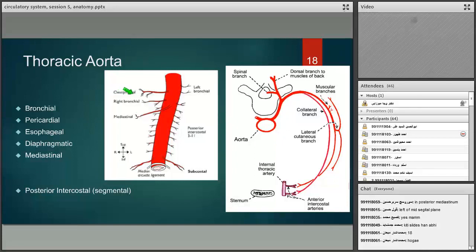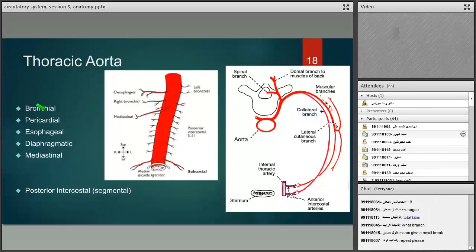One of its branches is called the esophageal branch, which is supplying the blood to the esophagus. The other branches are pericardial. The pericardial branches also send some branches to the posterior side of the pericardium of the heart.